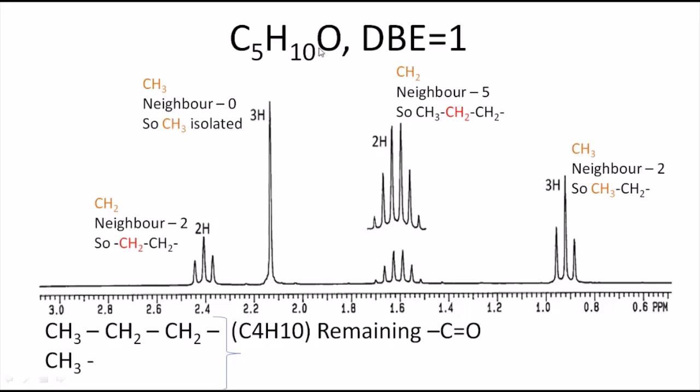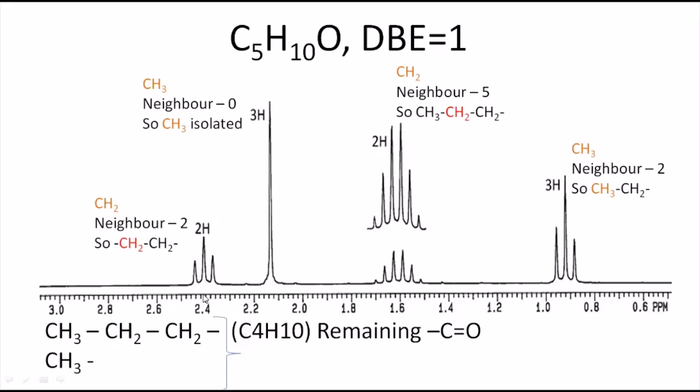But there is one more thing remaining, that is CO, and that actually works well with the spectra, right? It matches well with the spectra. That is, there is a presence of a carbonyl group that we can see by the chemical shift value. Where we have to connect the carbonyl group, you can see, this CH2 you have to connect, 2.4.